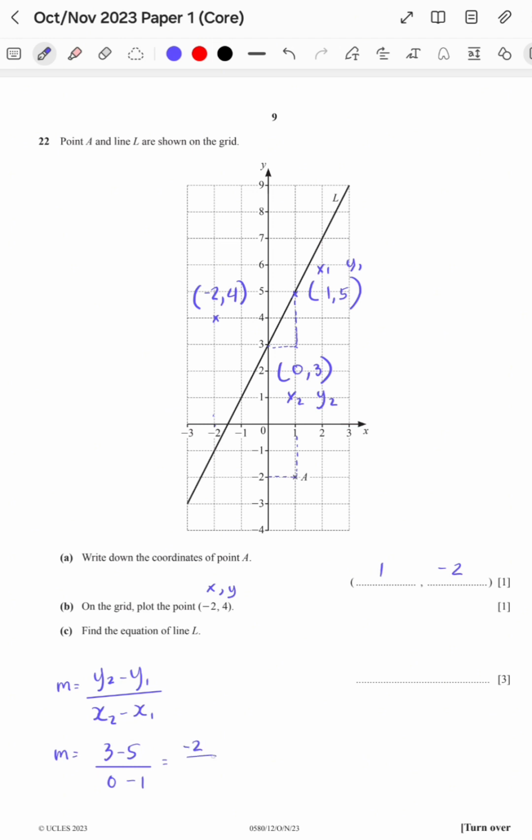So that's -2 all over -1, which is equal to +2. So we now have our gradient. We can form our equation of the line L. y is equal to mx plus c. m is equal to 2, so that's 2x plus the y-intercept, which you can find here from 0.